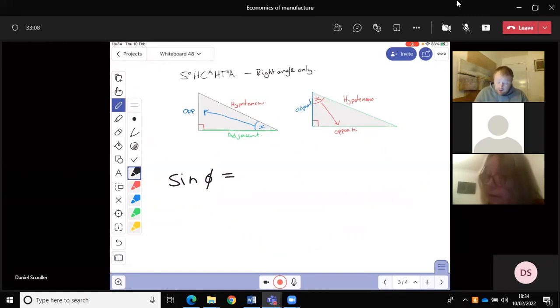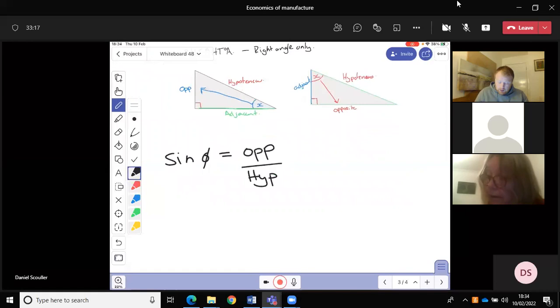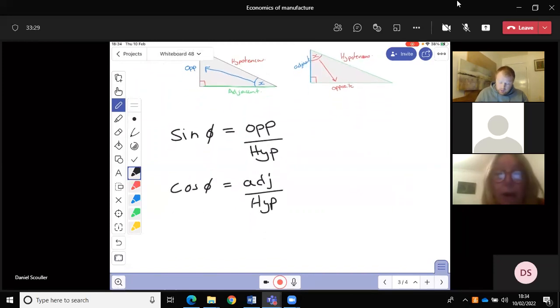So sine of theta equals opposite over hypotenuse. Cos of theta equals adjacent over hypotenuse. And the last one, the Toa, is the tan of the angle equals opposite over adjacent.